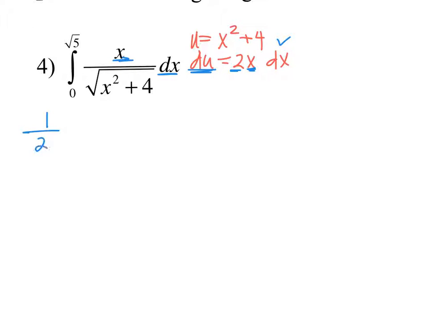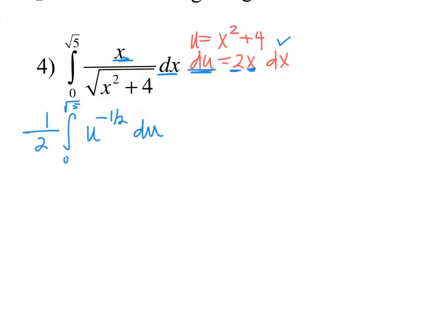So that's going to be 1/2 the integral from 0 to square root of 5 of what? Of u to the negative 1/2 du. All right, there's our u to the negative 1/2. Du is 2x dx, and here's the 1/2, and we are ready to integrate.